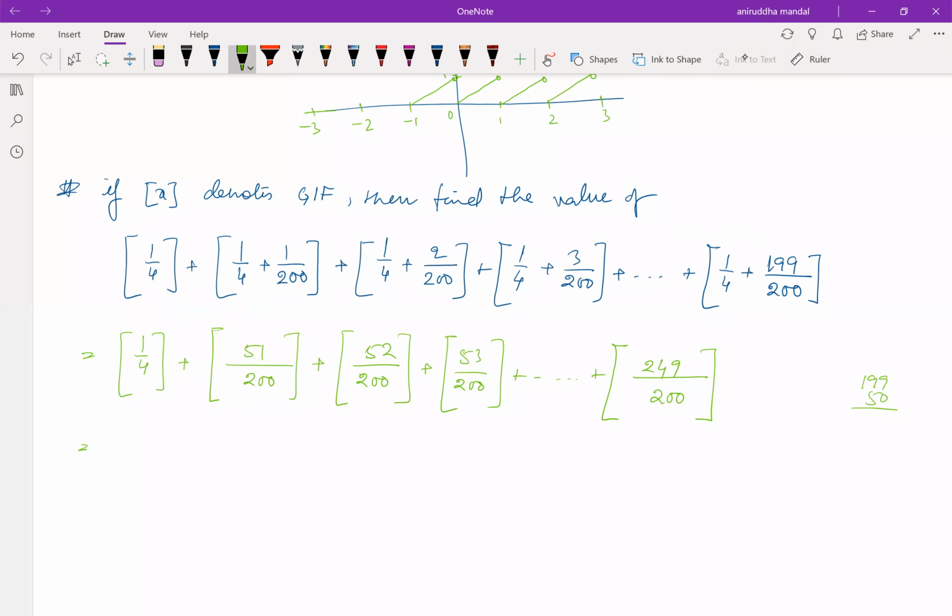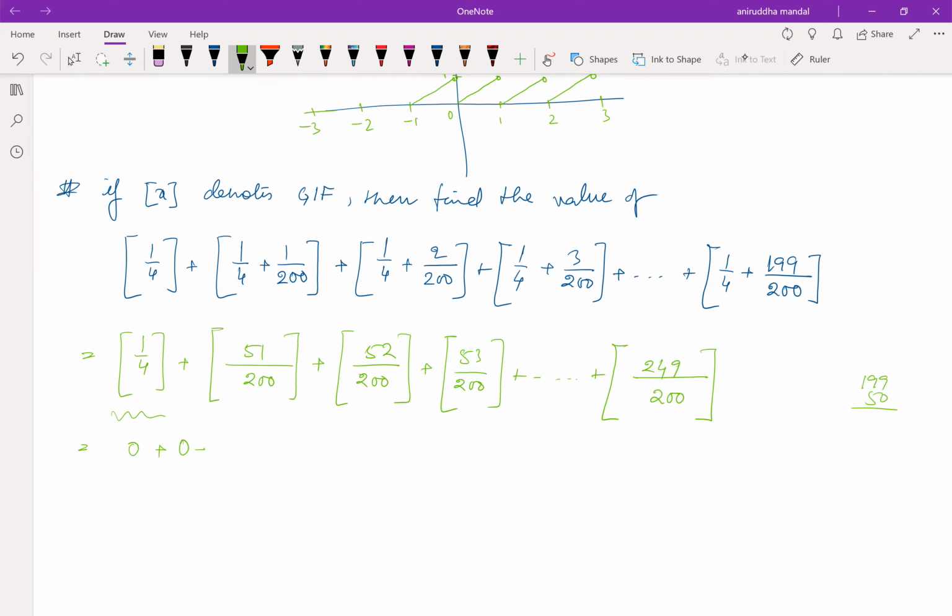In between these numbers, the first value is 1/4, the greatest integer is 0.